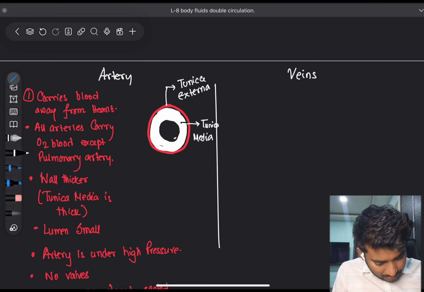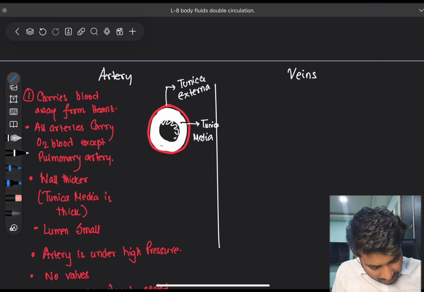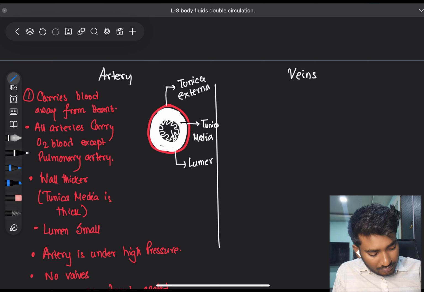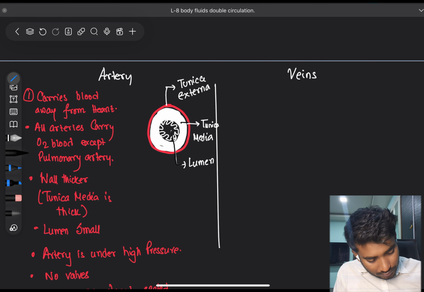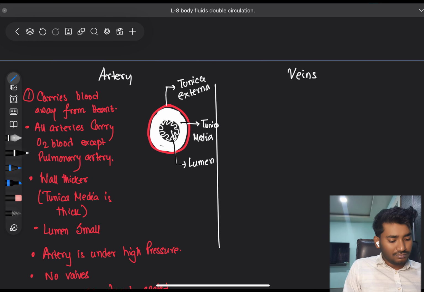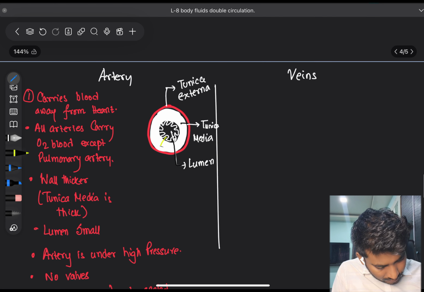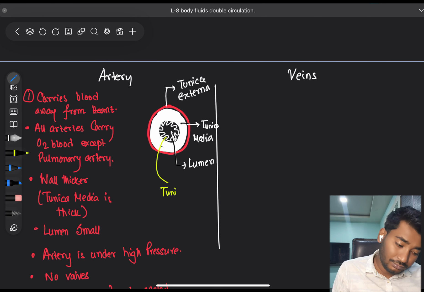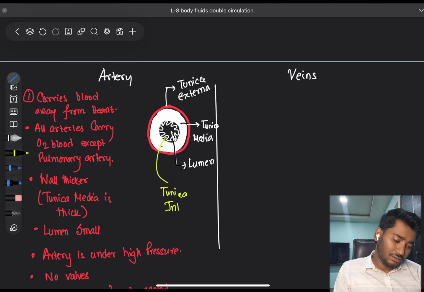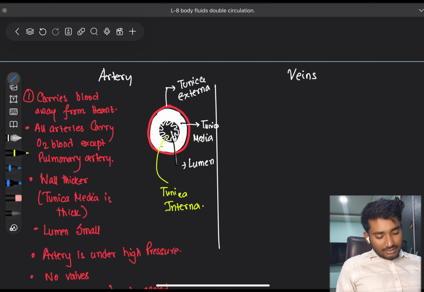The inner layer is tunica interna, which surrounds the lumen. This is the tunica interna.